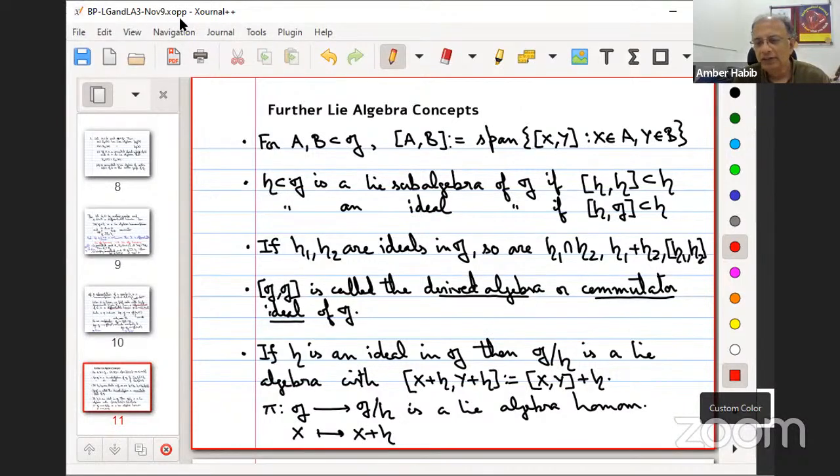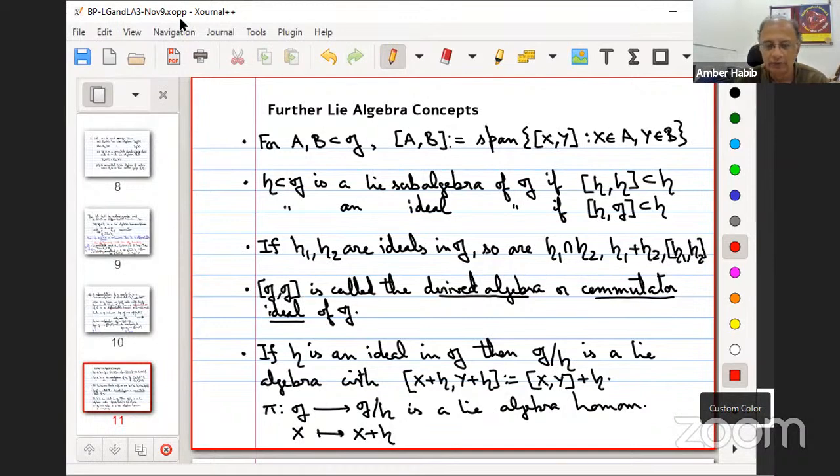And then the usual things that you have with groups and subgroups and normal subgroups, the various isomorphisms that you also have with rings, you also have them for Lie algebras. If you have an ideal H, then you quotient by it. Now G and H are vector spaces, so right away this quotient is a vector space. And there's a natural way to try to put a bracket on it. Take the cosets x plus H, y plus H. What should be their bracket?